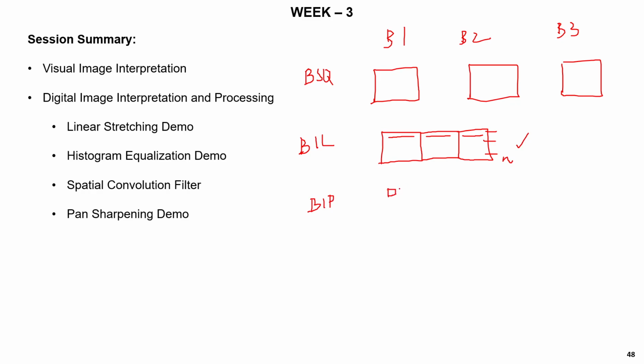This is band 1 pixel 1, band 2 pixel 1, band 3 pixel 1, then band 1 pixel 2, band 2 pixel 2, band 3 pixel 2. If it is arranged pixel-wise, then it is BIP. This will also be one single file.